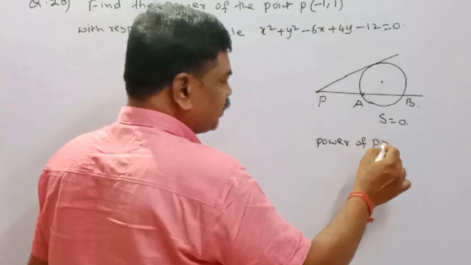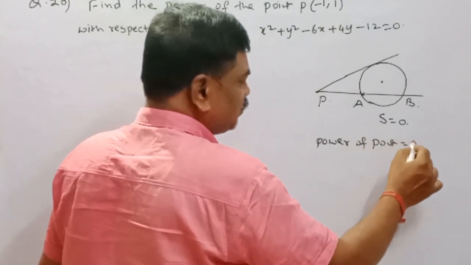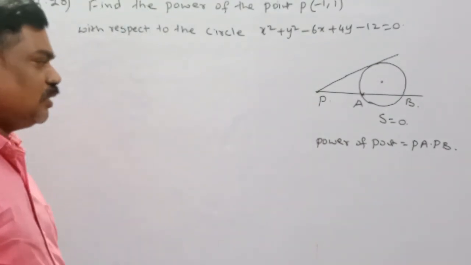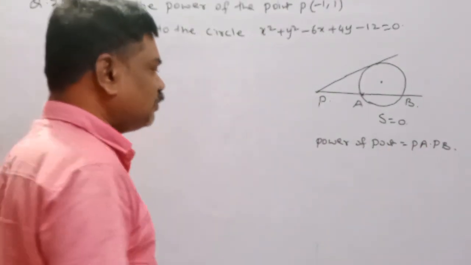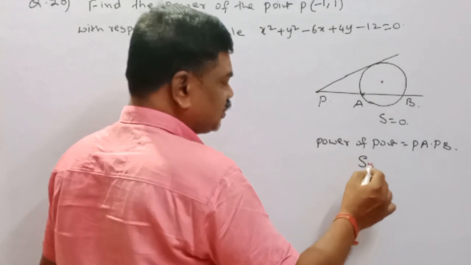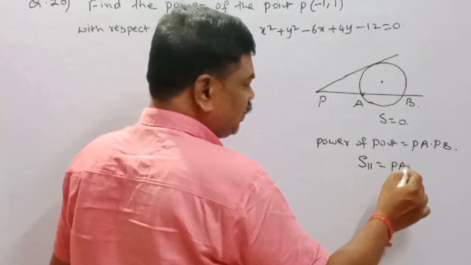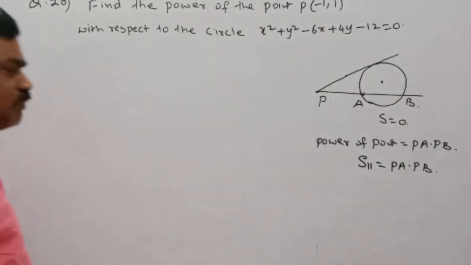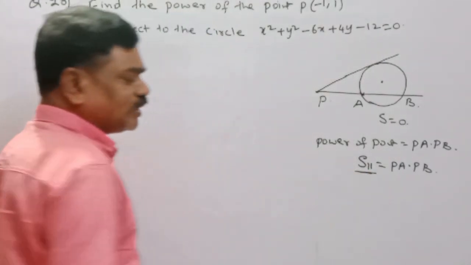The power of the point is PA into PB. This S11 is equal to PA into PB, the power of the point. We have to find the power of the point as S11.